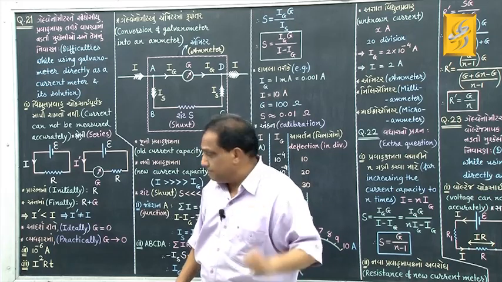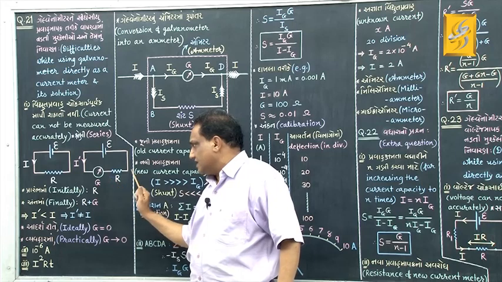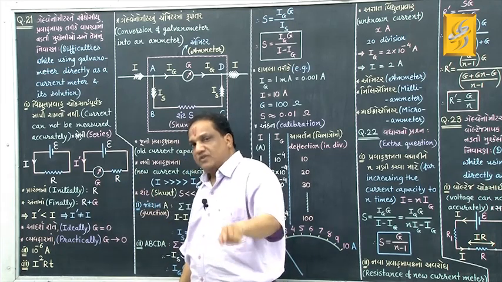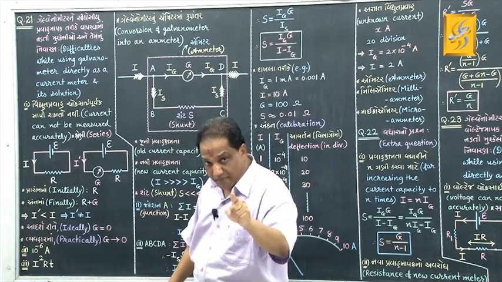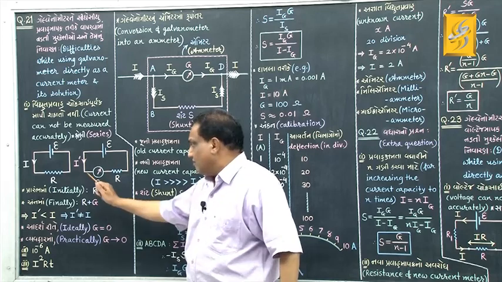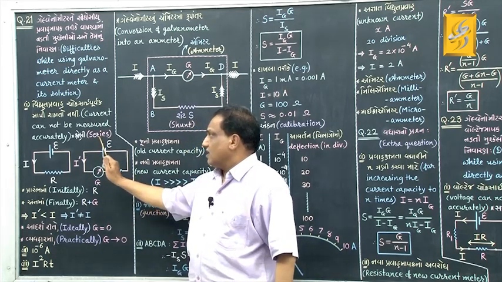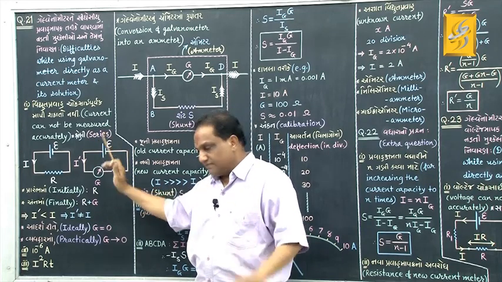You can see in the diagram, this connection of G with R is nothing but series connection. So remember, whenever you use any instrument or device as a current meter, it is always to be connected in series. Current meters are always connected in series.